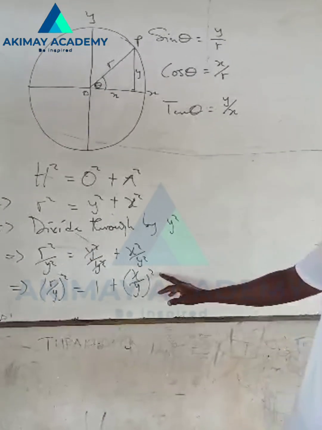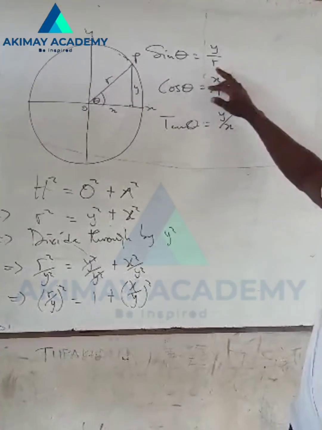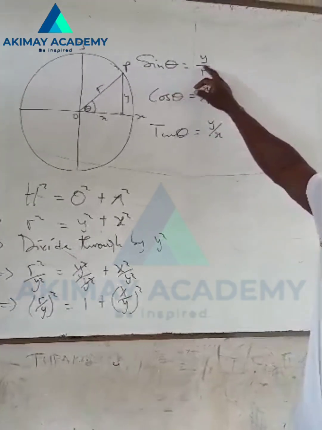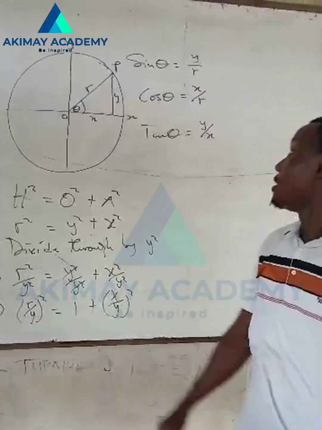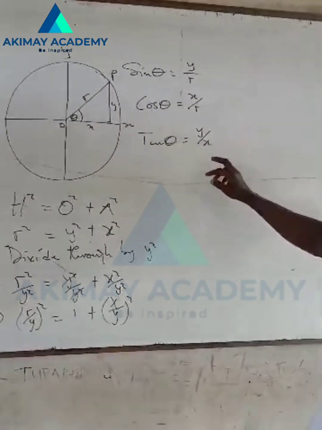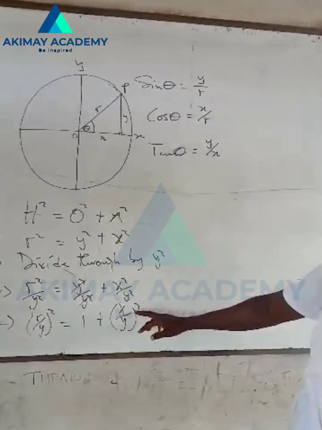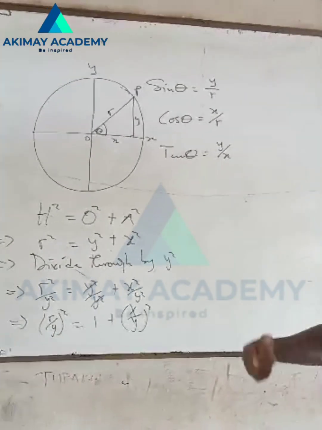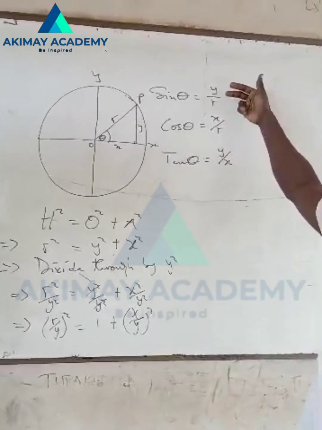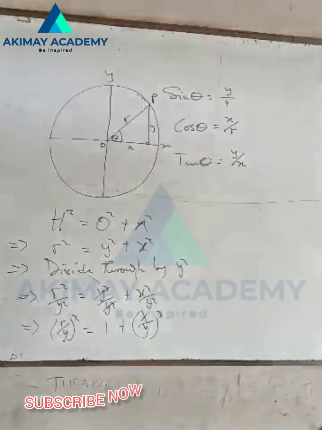Now, from what we have over here, you can see that we have sin theta to be equal to y out of r. But here we have r out of y. Also over here we have y out of x. And over here we have x out of y. Now you can see that there has been a reciprocation over there. Comparing this one to this one, there has been reciprocation.